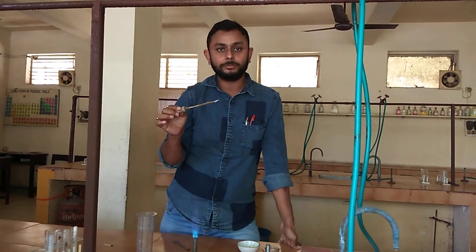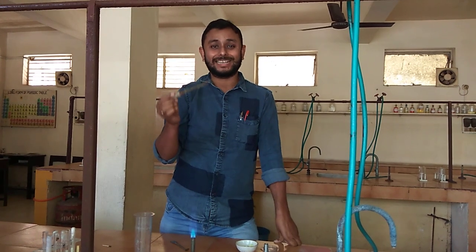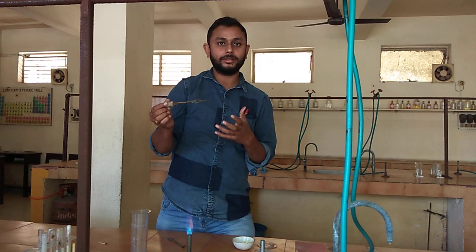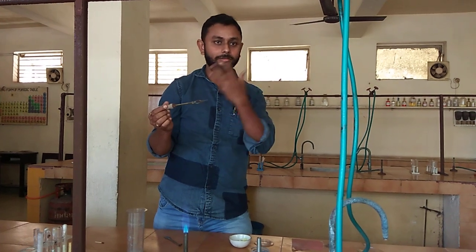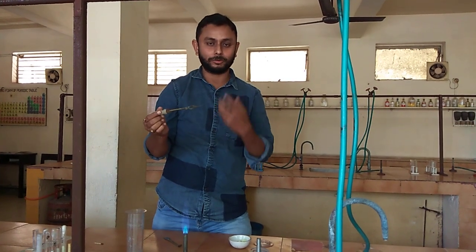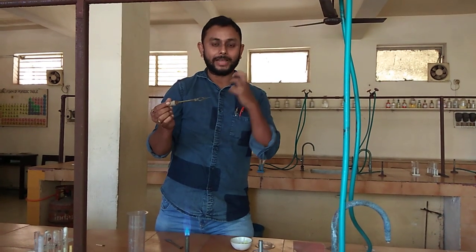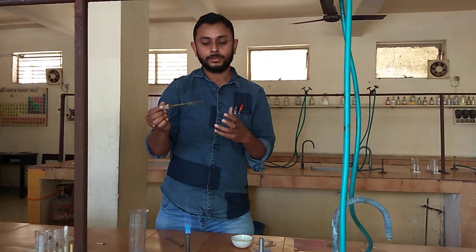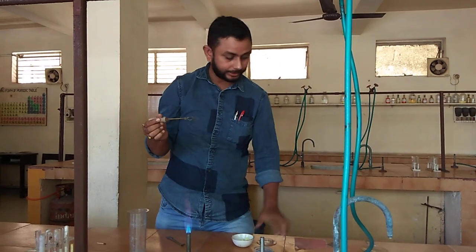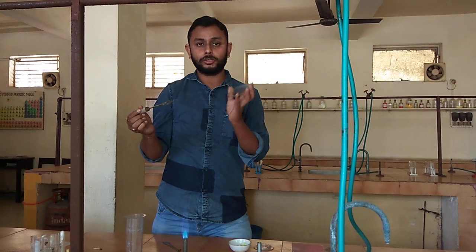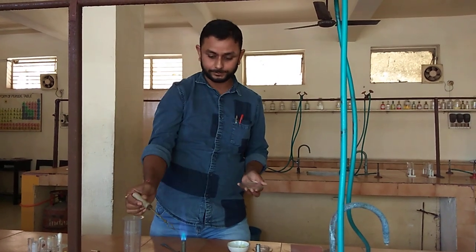When we burn magnesium ribbon, it burns with a dazzling flame, so we should not look at the flame directly, otherwise there will be blurriness in your vision for a moment. Better avoid watching the direct burning of magnesium ribbon. As it finishes burning, we will take the leftover compound on a watch glass.